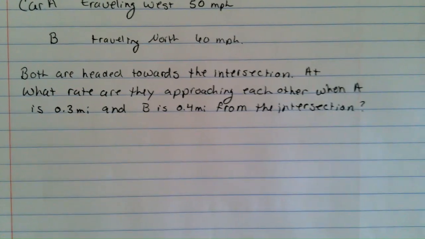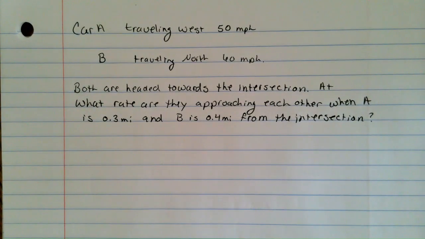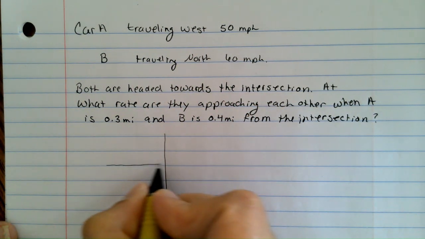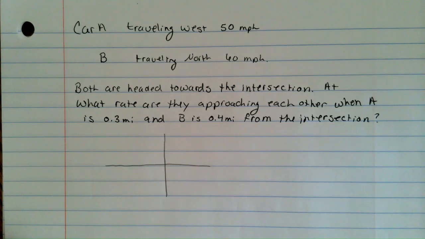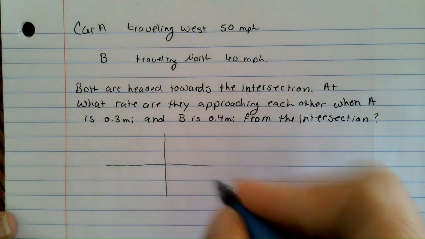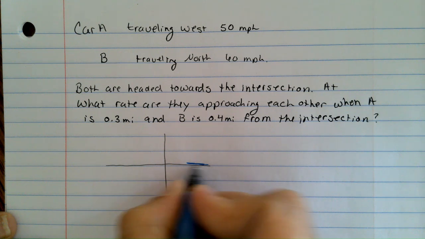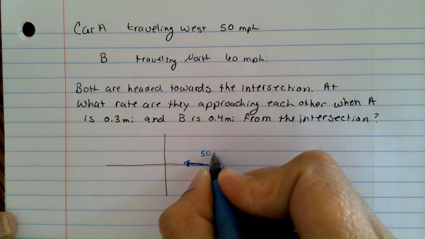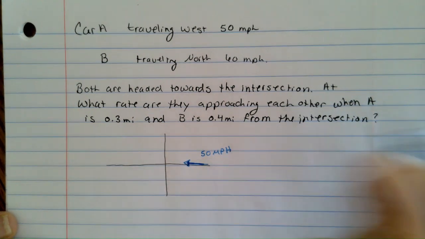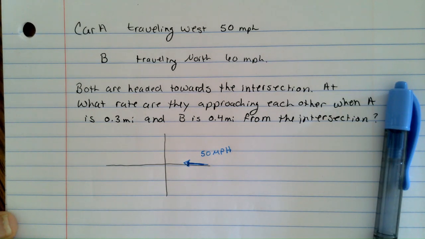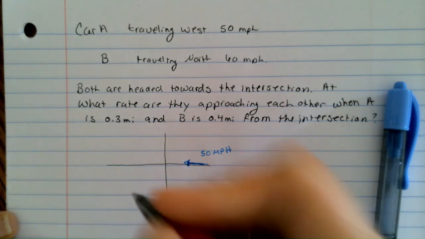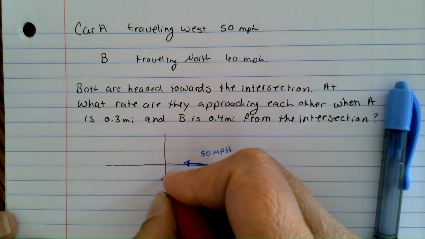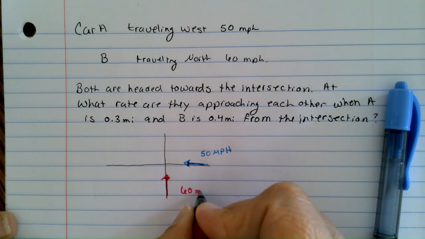Well, let's see here. Here's our two roads. A is traveling west at 50 miles per hour. B is traveling north at 60 miles per hour.